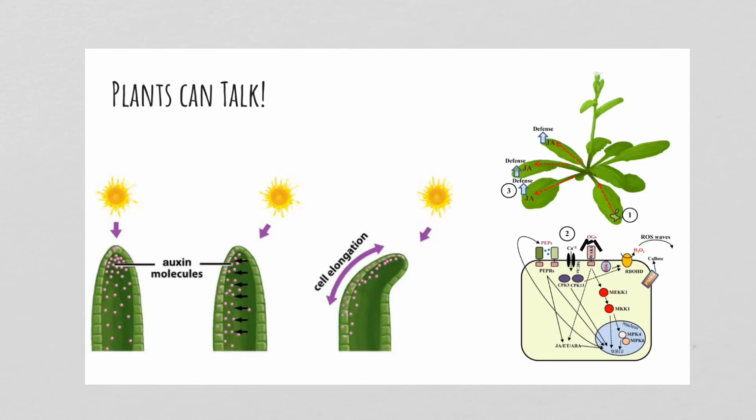What happens is, as the sun produces sunlight, a chemical in the plant called auxin starts to be produced, lots of auxin. But as the plant is directed differently toward the sunlight, so let's say the sunlight's a little off to the side, you would notice that the distribution of auxin is toward the shadowy part of the plant.